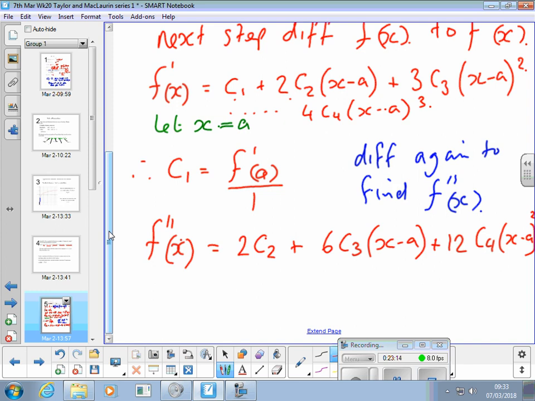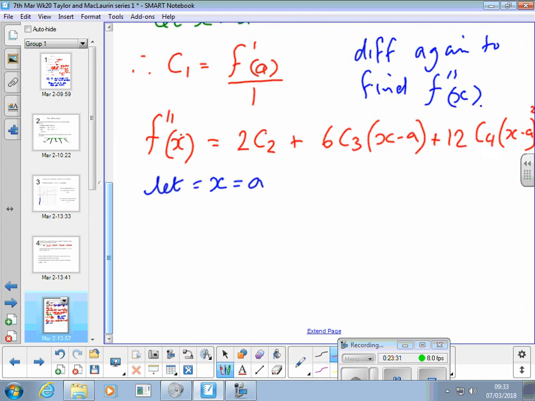What's the next step then? X equals A. What happens? These terms disappear. Yep.